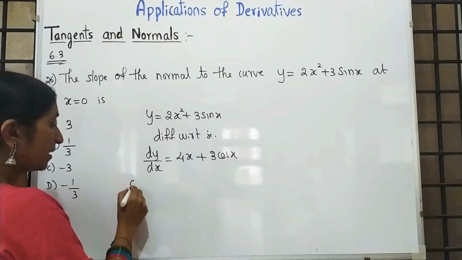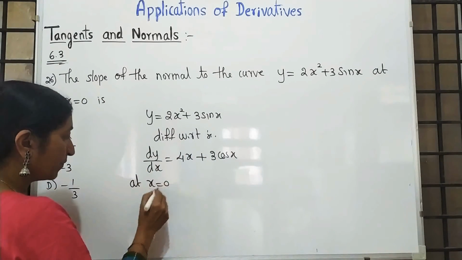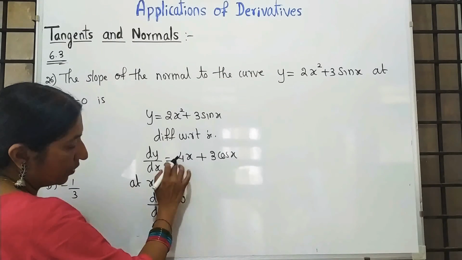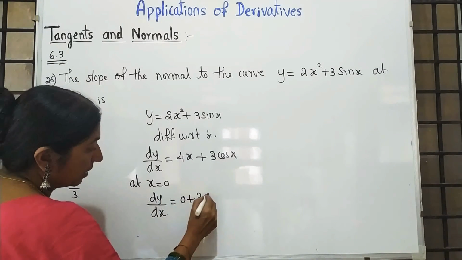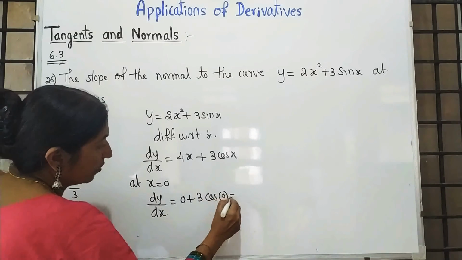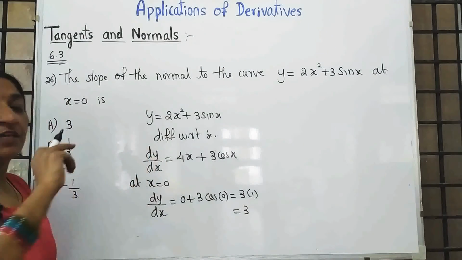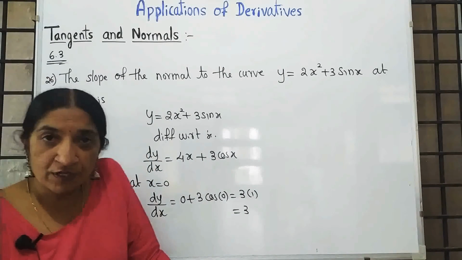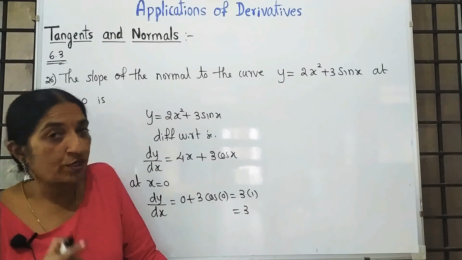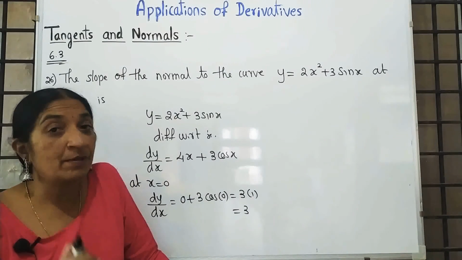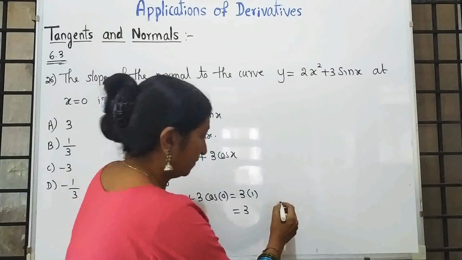And at x is equal to 0, dy upon dx is 4 into 0 plus 3 into cos 0. What is cos 0? Cos 0 is 1. It is 3. When you differentiate and substitute the value, whatever the answer we are getting, we are calling it as m and nothing but slope of the tangent.